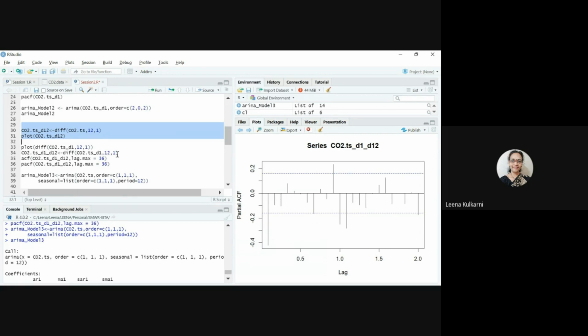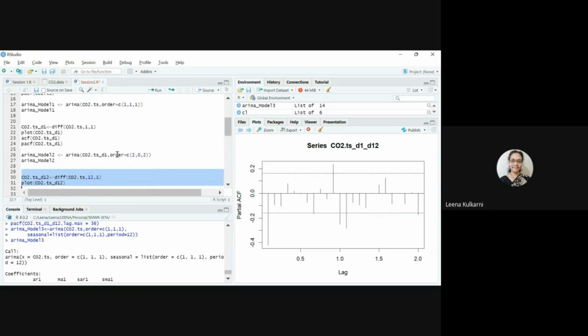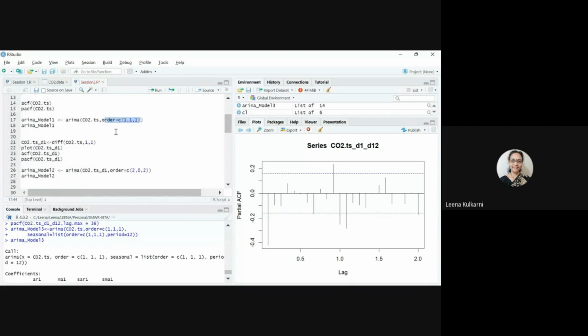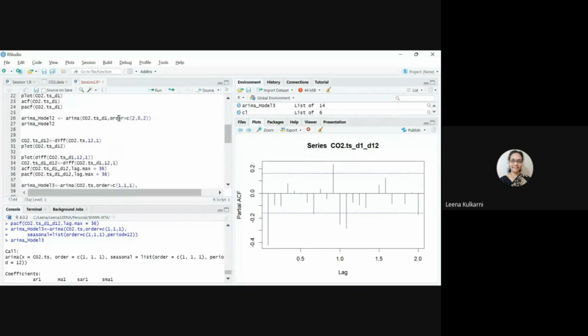You can try to fit different models to this given data set. You can specify different orders for the original data set, as well as for the differenced series.